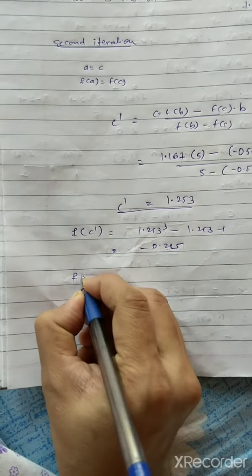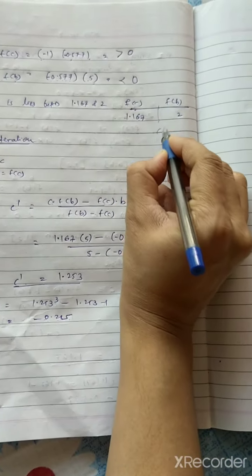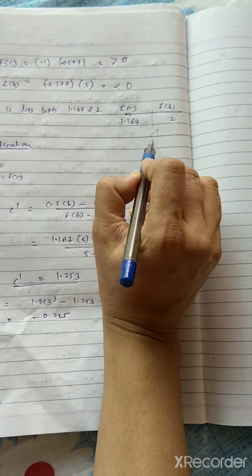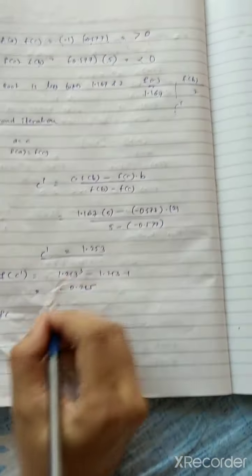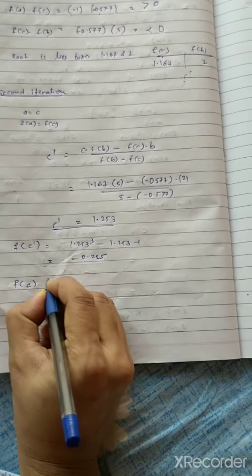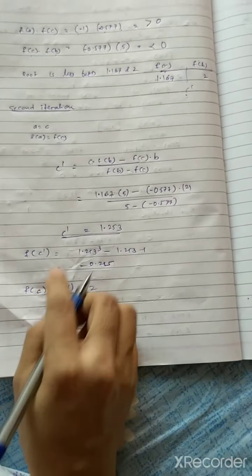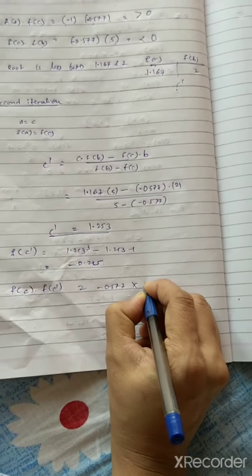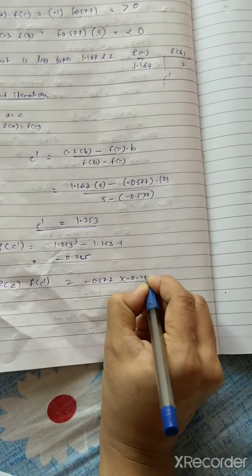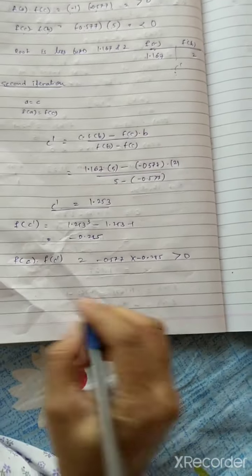Now check whether f of c dash will be anywhere here, right? So f of c into f of c dash check करना है, and f of c dash into f of b check करना है. So f of c into f of c dash will be what? f of c क्या था? -0.577 into ये भी माइनस है, -0.285, which is greater than 0 obviously.